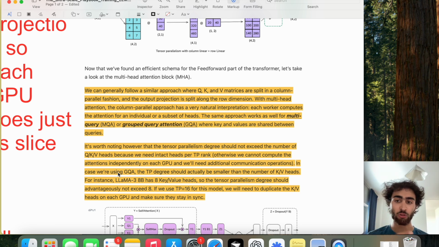If you have a group of, for example, 2 key and value matrices for every 1 query matrix, then the TP degree should be smaller than the number of KV heads and should be equal to the number of query heads. For example, Llama 3 8B has 8 key value heads, so the tensor parallelism degree should not exceed 8. And in fact, it should be equal to the number of query matrices.